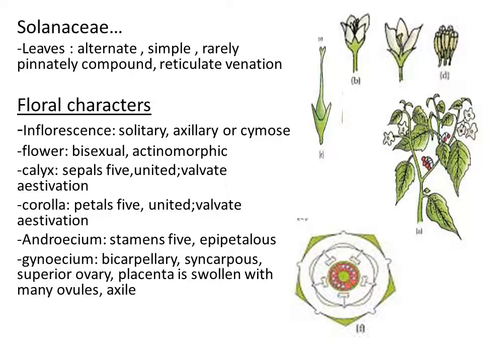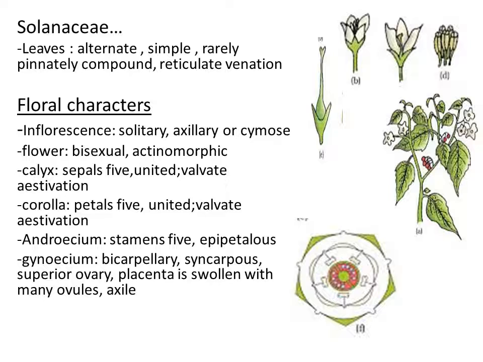Then the kind of placenta is swollen placenta. Placenta is a nutritive tissue that we can see in the ovary, right? This is a very important character of the Solanaceae family. So the placenta is swollen with many ovules attached to it, and the placentation is axial placentation.